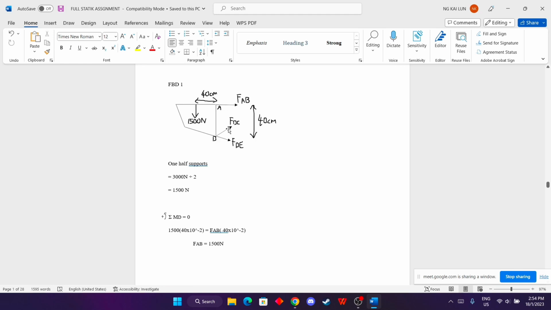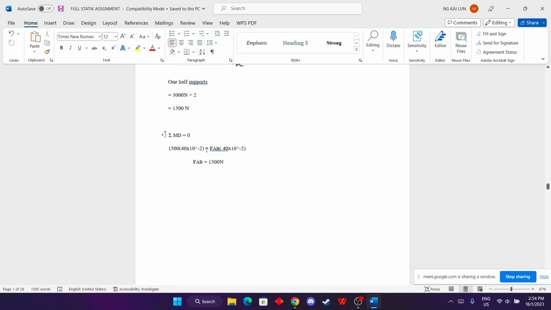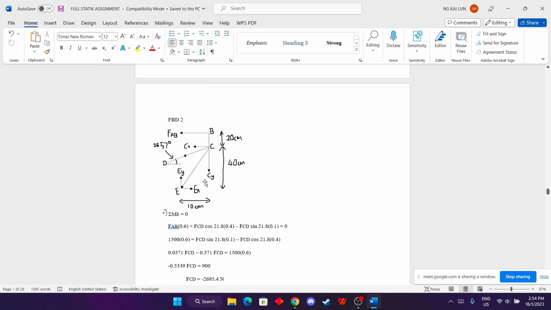So 1500 times its perpendicular length, which is 40 centimeter, equals FAB times its perpendicular length, which is also 40 centimeter here. So the force here and the force here are in the opposite direction, so they equal each other. So we found FAB equals 1.5 kN, 1500 Newton.